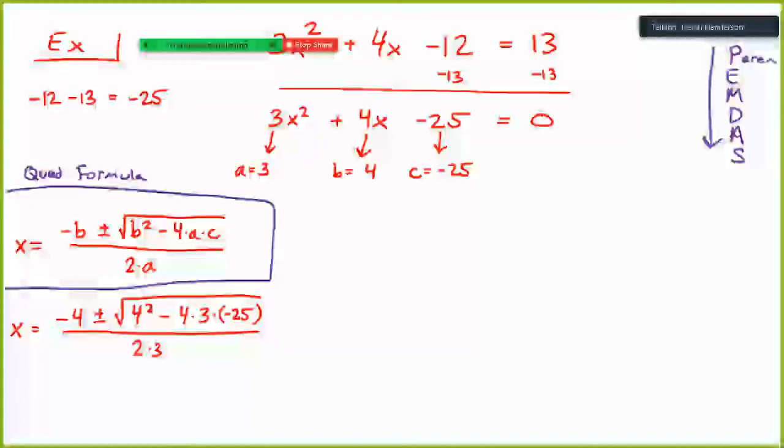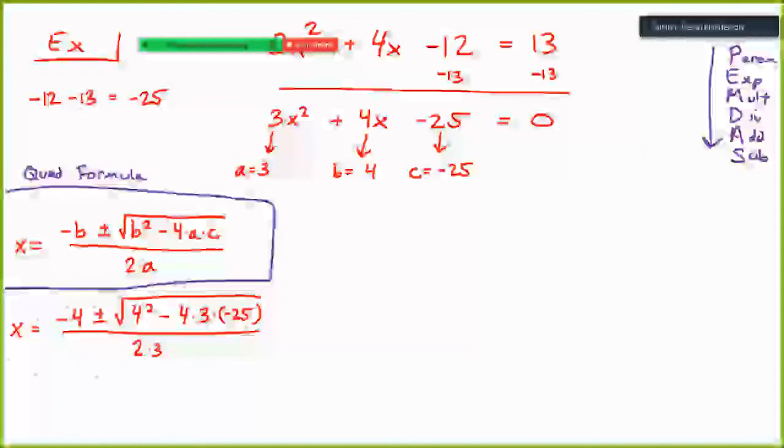Parentheses, exponents, and then multiplying and dividing, and then adding and subtracting. Basically, start at the top and go down. We always do parentheses if there are any, then exponents if there are any, and then multiplying and dividing, and finally we end with adding and subtracting.